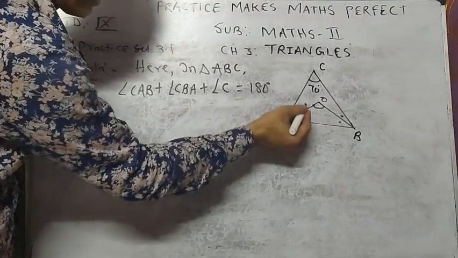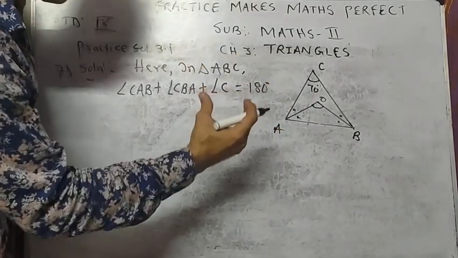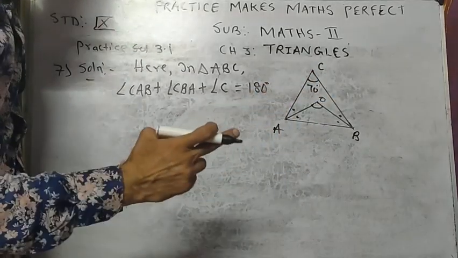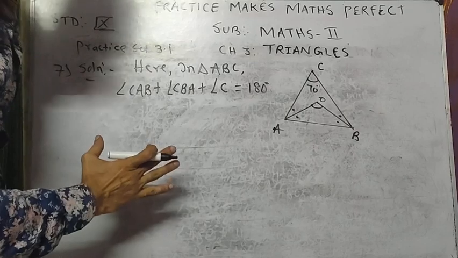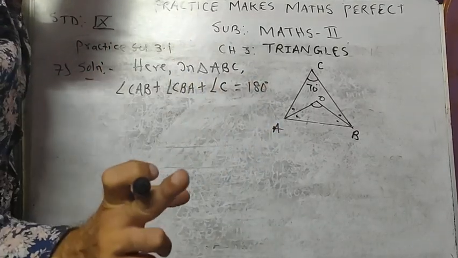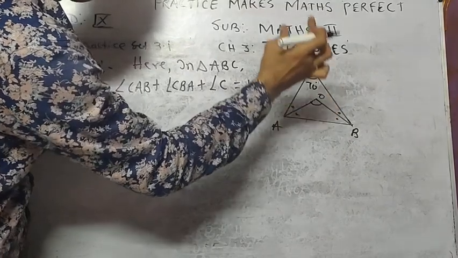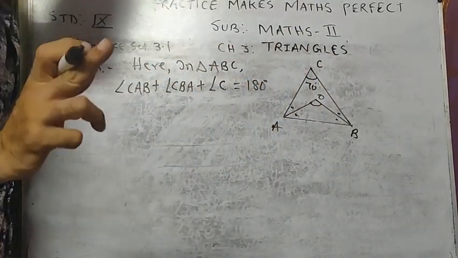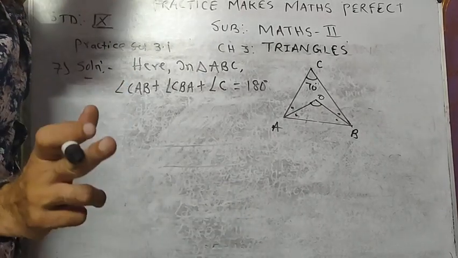If there is confusion, if you cannot state the angle clearly, then you have to use a three letter name. If the angle is very separate here, you can use a single letter also for your convenience.